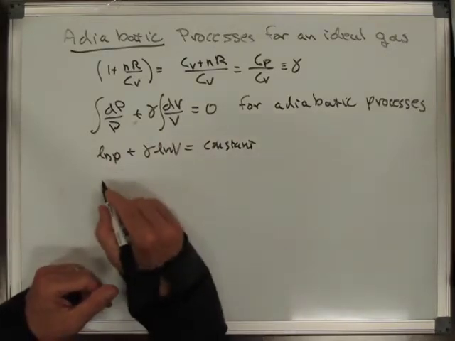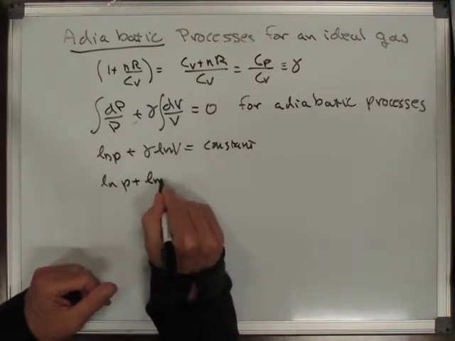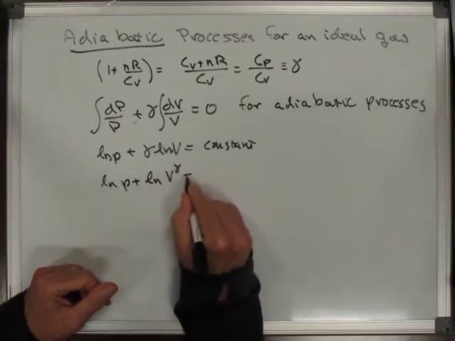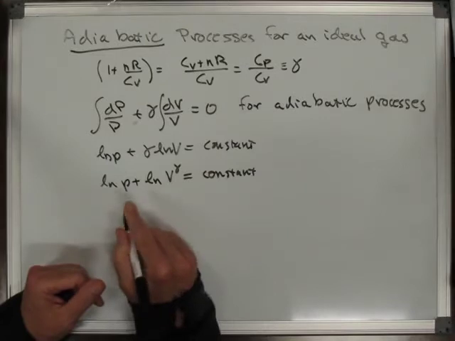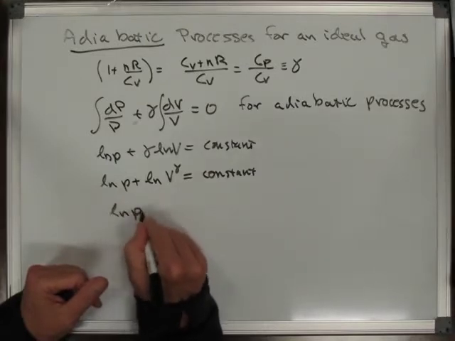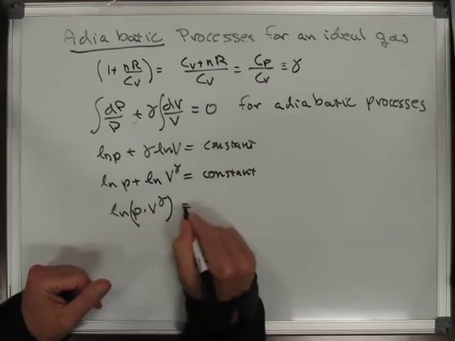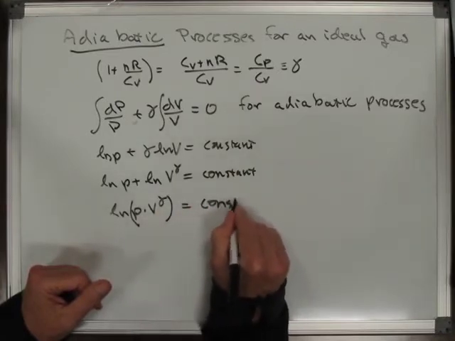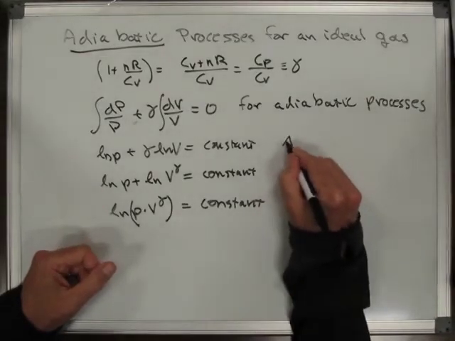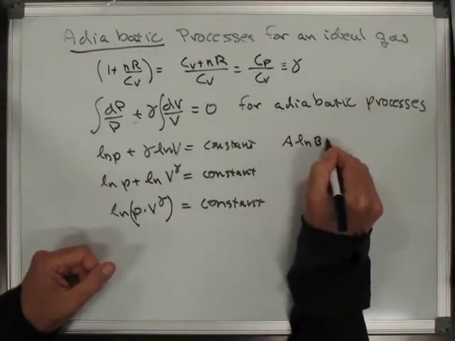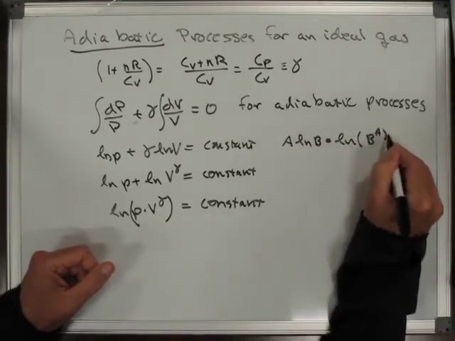And so this is log of P plus log of V to the gamma is equal to a constant. Then log of P times V to the gamma is equal to a constant. This is because A log B is equal to log of B to the A. That's one of those log identities.